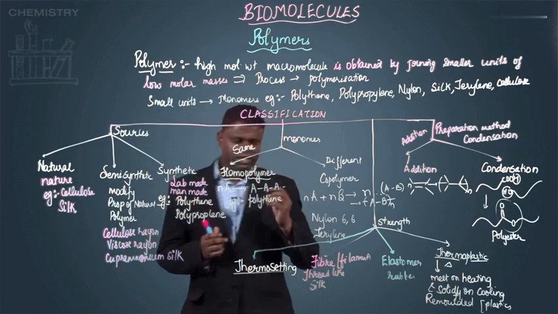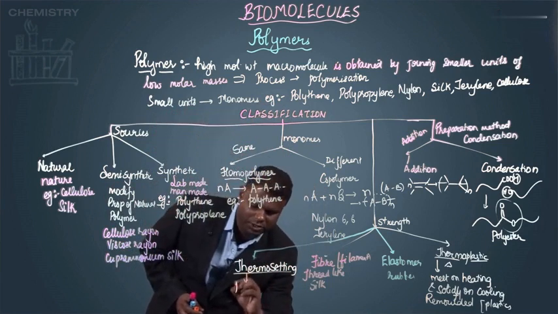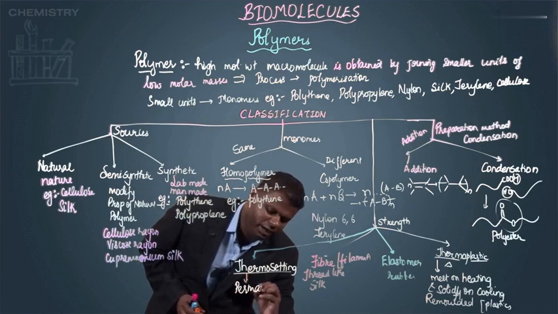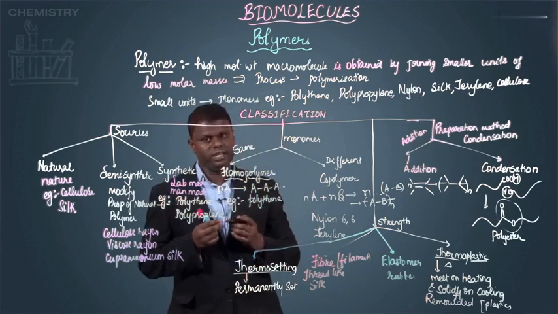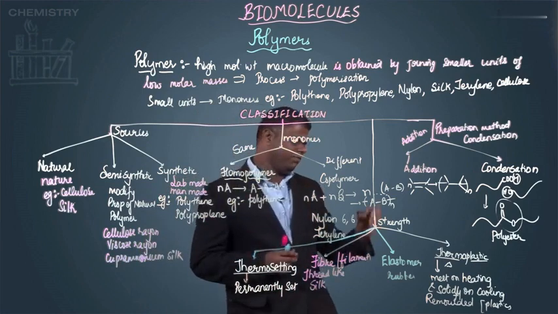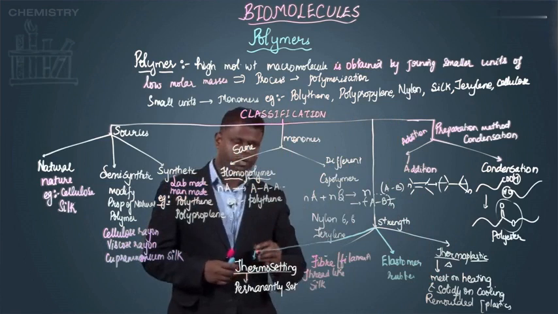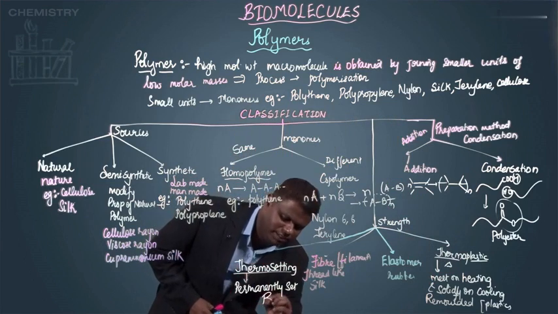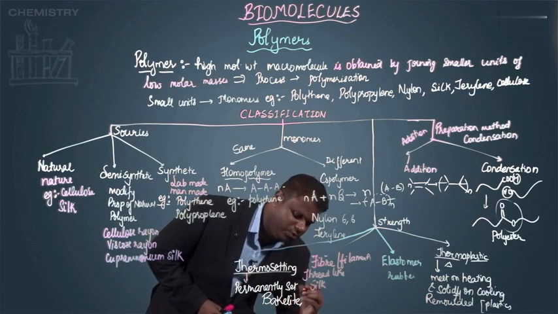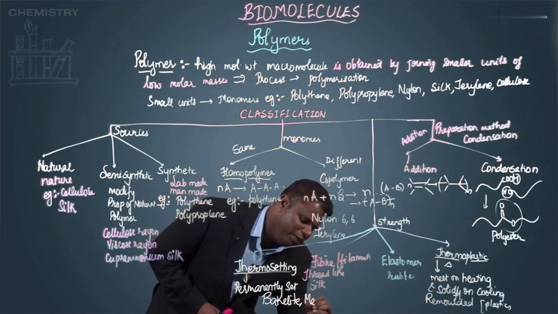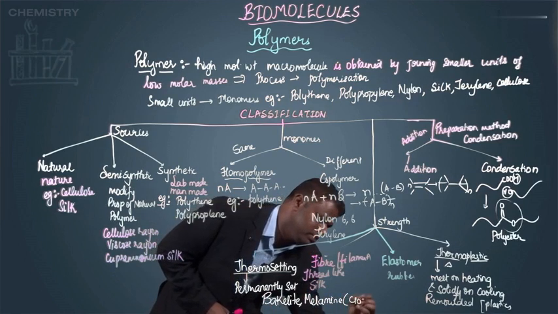Thermosetting polymers permanently set. When you heat them, nothing would happen. Any thermosetting polymer, you could give an example as bakelite, which is used in electrical switches and fuses, and you have melamine, which is used in crockeries.